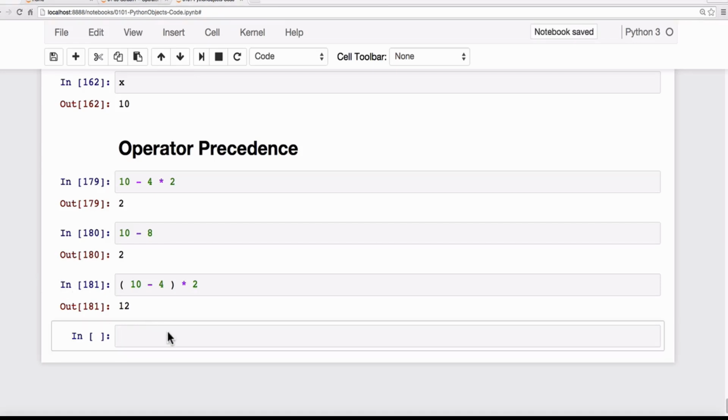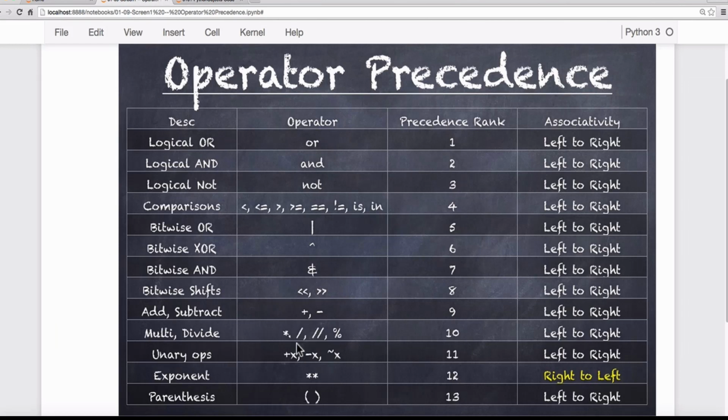Let us see one more example. Let us say we have an expression like 5 star 2 floor division 3. Let us see the precedence. We have two operators here, a star and a floor division. They both have the same precedence, a ranking of 10 here.